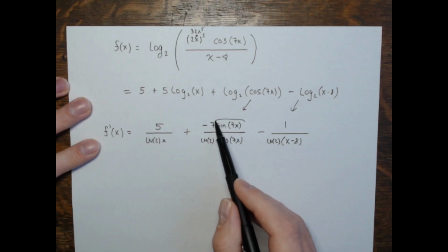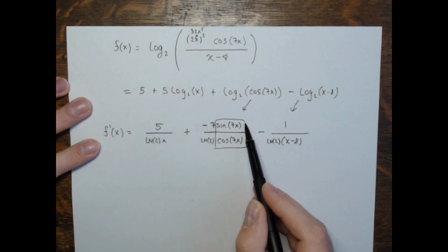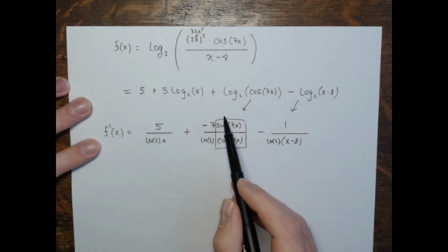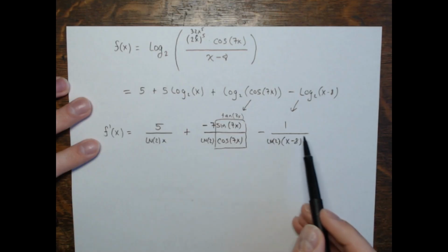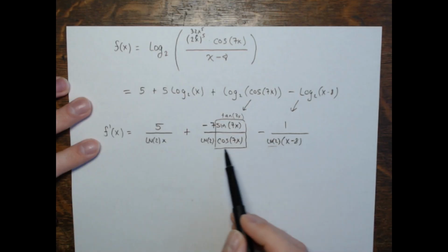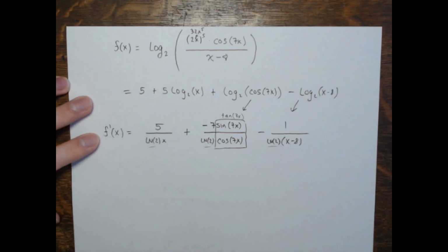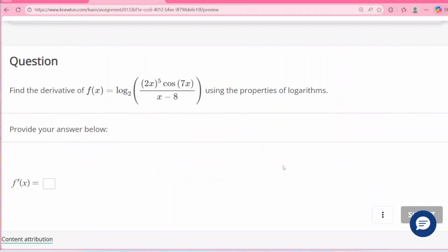So again, like I've been doing, this sine 7x divided by cosine 7x, I'm going to rewrite that as tangent 7x in the numerator there, and factor out the 1 over log 2 from all these, just so I don't have to type it up three different times.